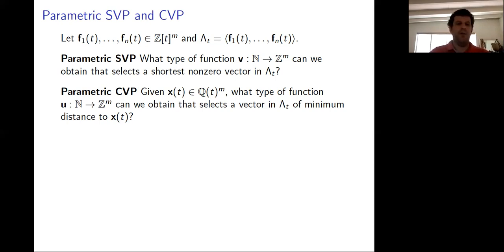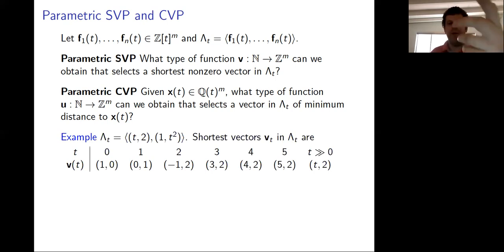So let's take a couple of very simple examples of the shortest vector problem. Say the t-th lattice is generated by the vectors (t, 2) and (1, t^2). For t equals 0, I have the vector (1, 0), and that's as short as you can get. If t equals 1, my generators are (1, 2) and (1, 1). By subtracting them, I can get (0, 1), which is also as short as possible.